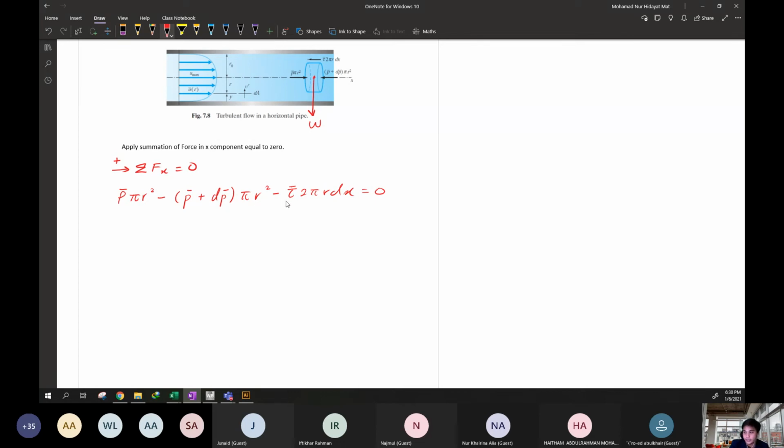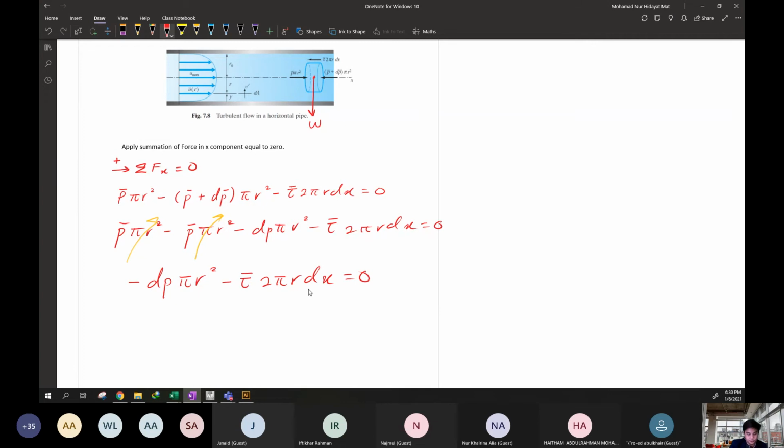Alright, after this we do the simplification. We expand: P pi r squared minus P pi r squared minus dP pi r squared minus tau 2 pi r dx equal to 0. So we can cancel these. What do we have now? Negative dP pi r squared minus tau 2 pi r dx equal to 0.